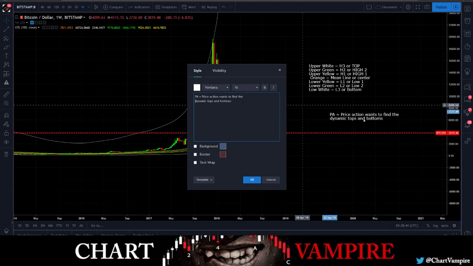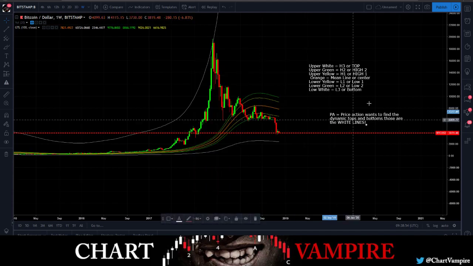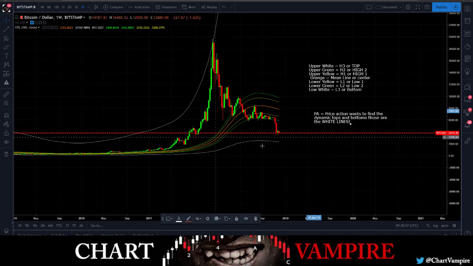Okay. Those are the white lines. Okay, so your dynamic tops and your dynamic bottoms are the two white lines.